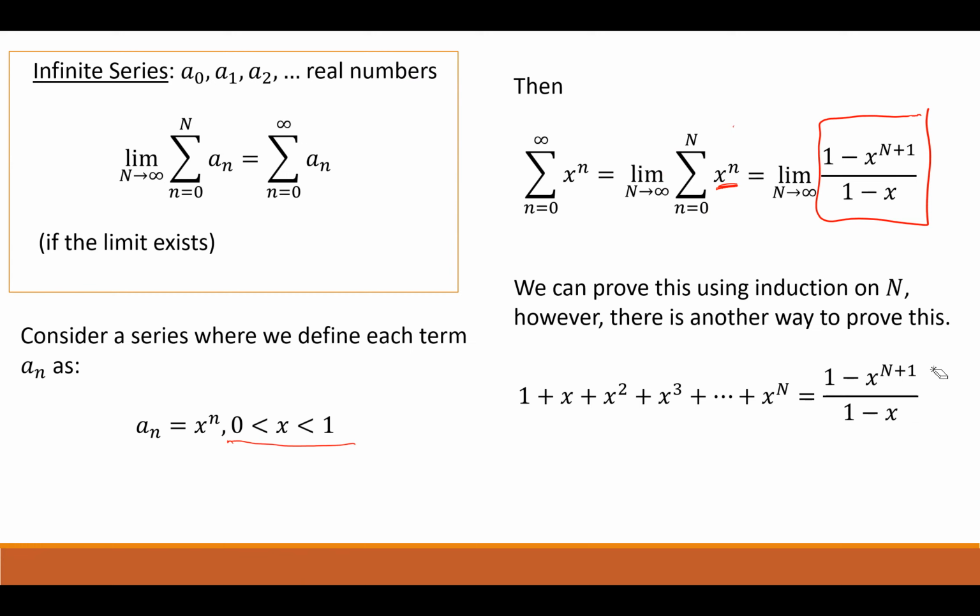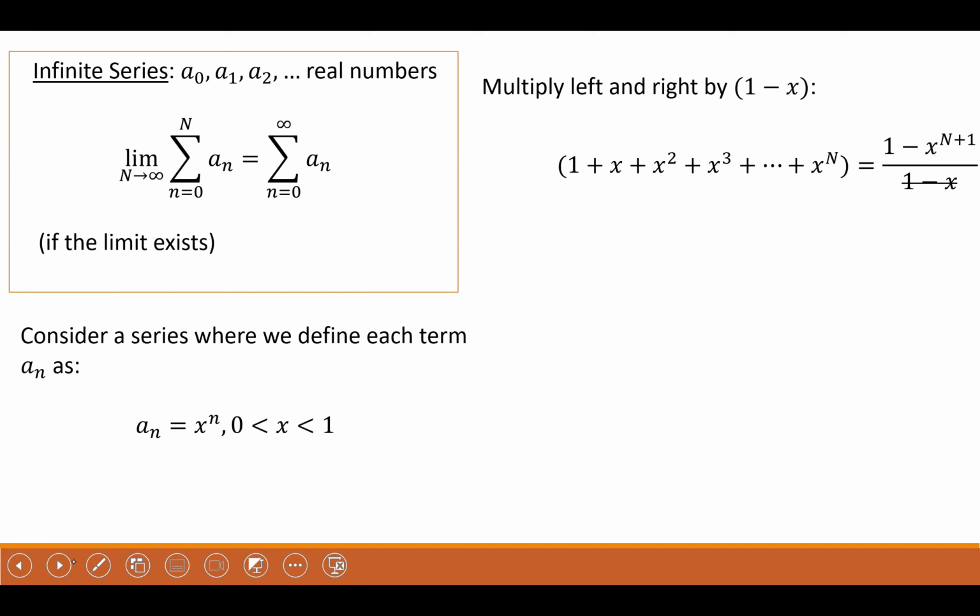And so how I'm going to prove that is I'm going to multiply both sides by 1 minus x, and then show that this times 1 minus x is equal to 1 minus x to the power big N plus 1. Okay, so multiply left and right by 1 minus x, and I get this.